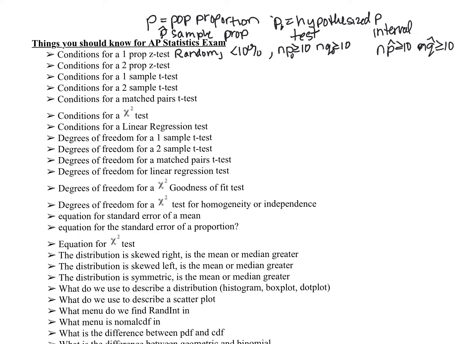So p hat is your sample proportion, it's what you got from your experiment. And p is what you're trying to estimate, the population proportion. And p naught is the hypothesized proportion.